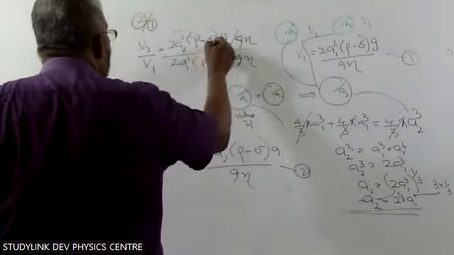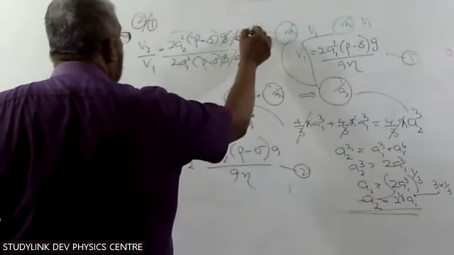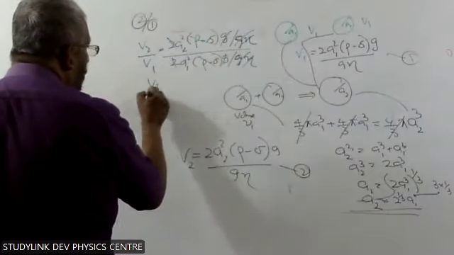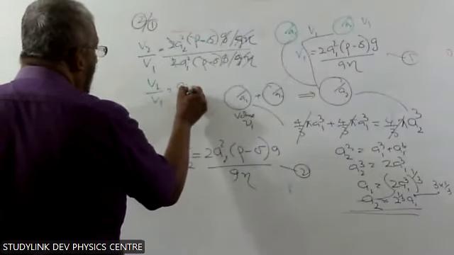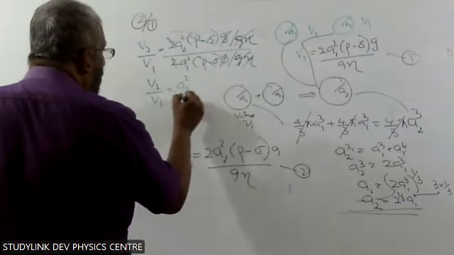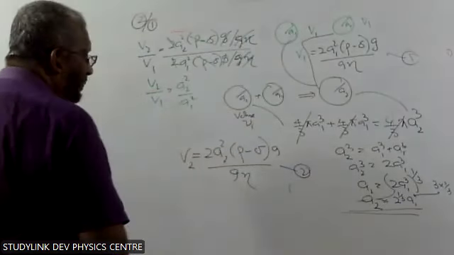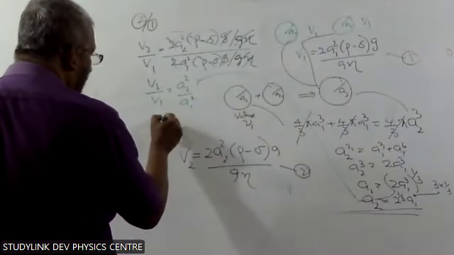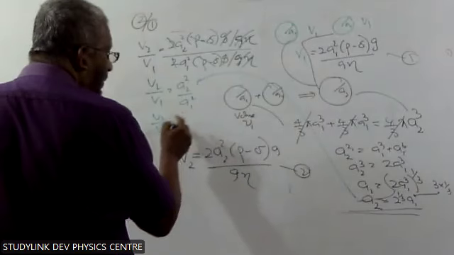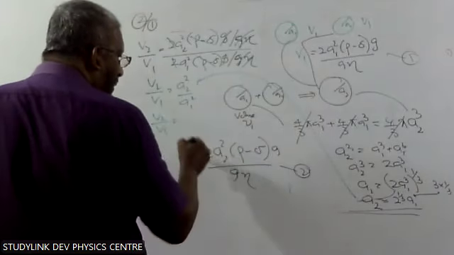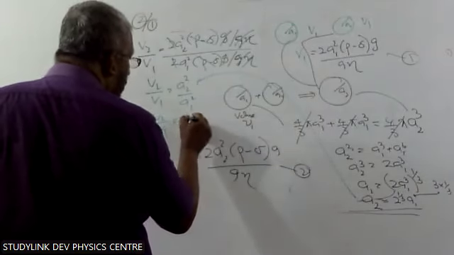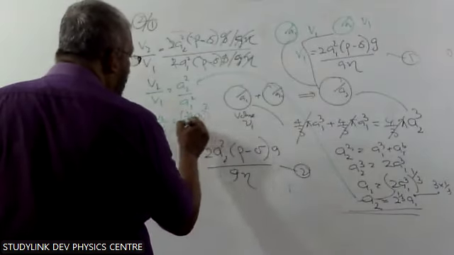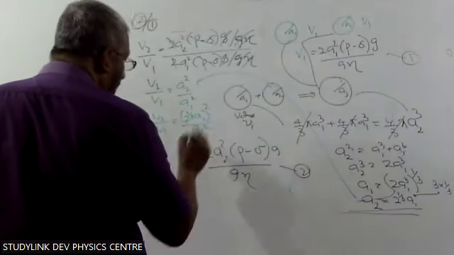All those are getting cancelled. Then V2 over V1 is equal to A2 squared over A1 squared. A2 value can be taken from here and substituted. That means (2 to the power 1/3 A1) to the power 2 divided by A1 squared.